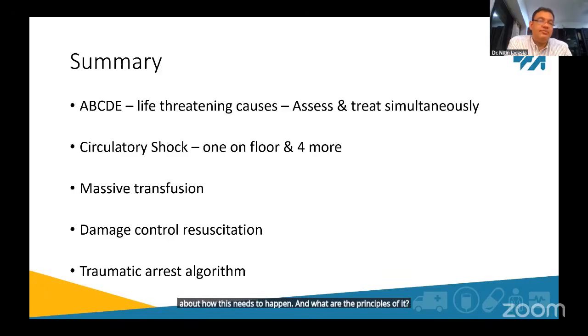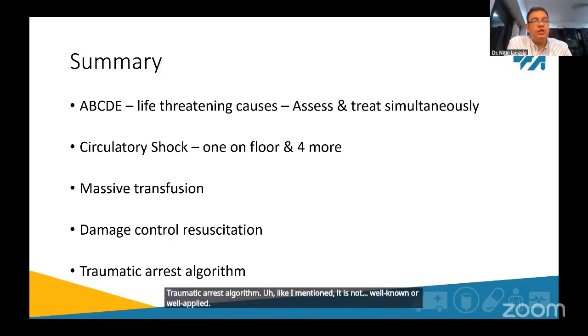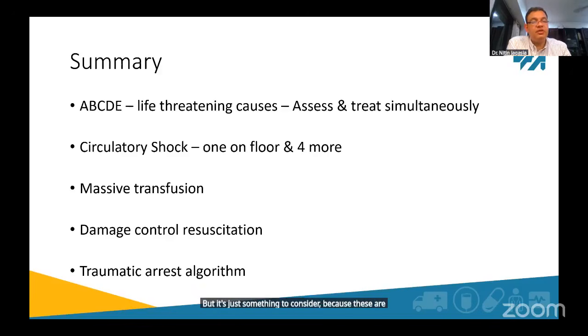Traumatic arrest algorithm, like I mentioned, is not well known or well applied, but it's just something to consider because these are young patients and they're basically out of blood or they've got a massive terminal injury, which is not reversible. So our ACLS protocols may not be applicable.